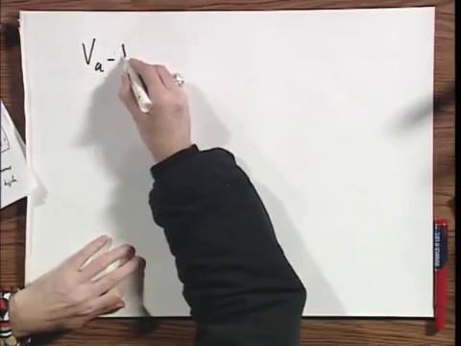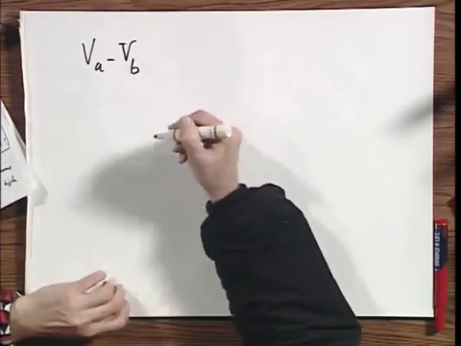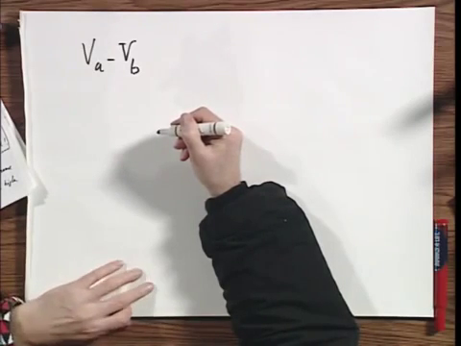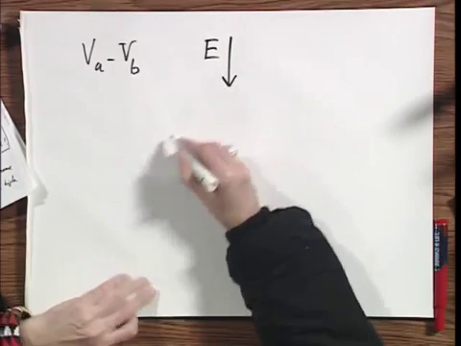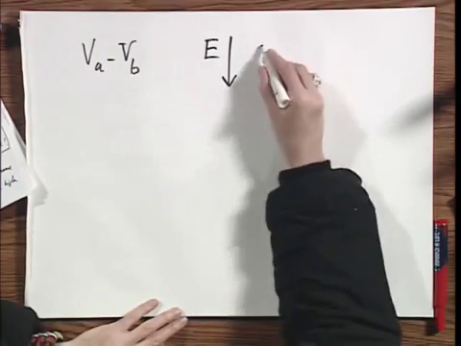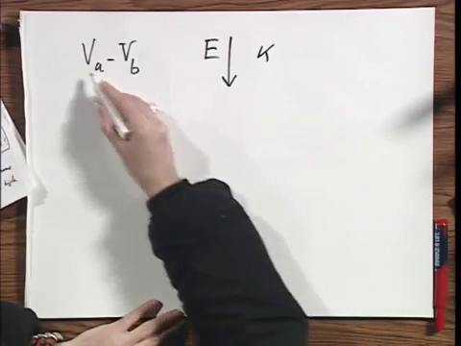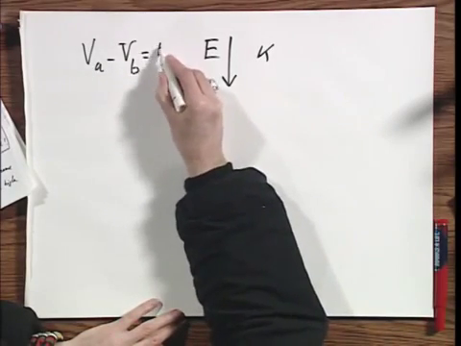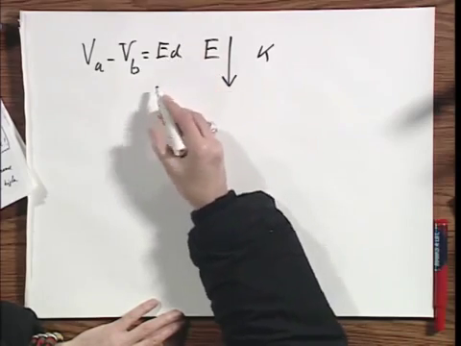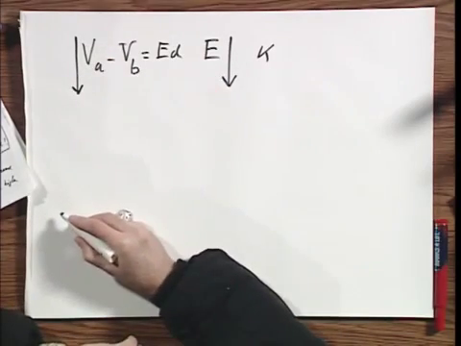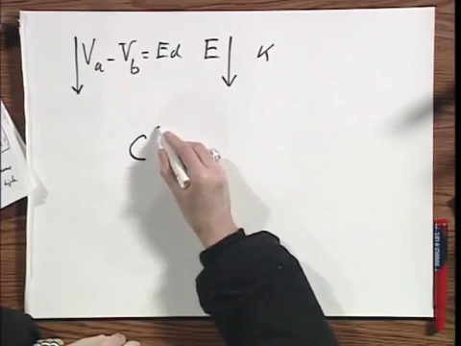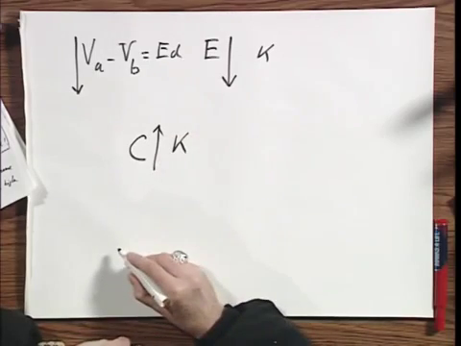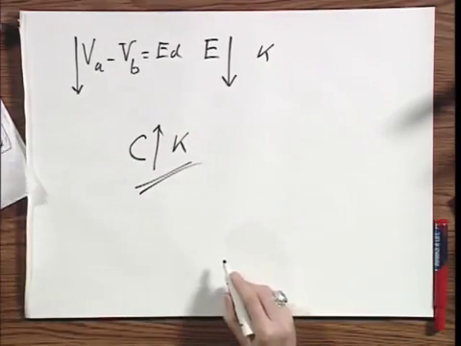So now we have what happens with VA minus VB when the oil is in place. Well, with the oil in place, the E field in that gap goes down by a factor K. And since the potential difference is simply E times D, and since D is not changing, the potential difference goes down by that factor K. And therefore C goes up by that factor K. Think about that.